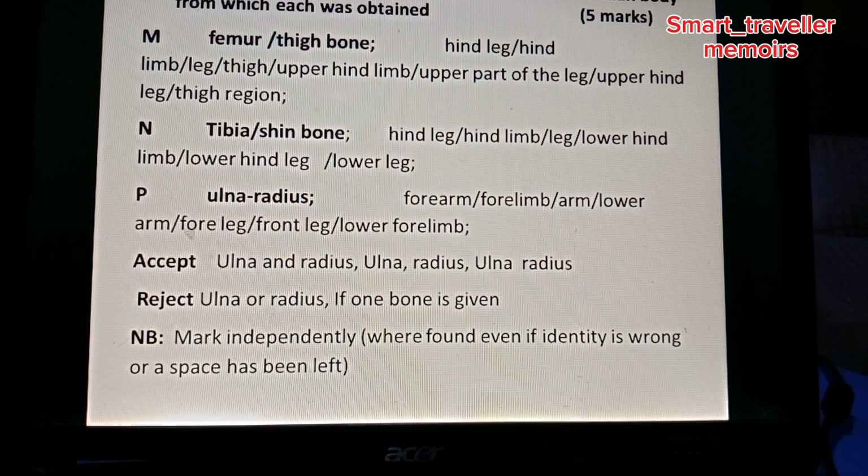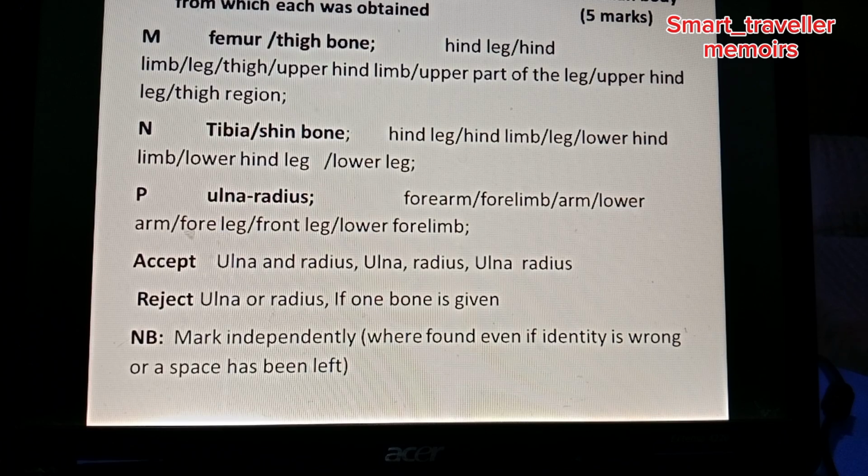N is tibia, or shin bone, and it is found in the hind leg, hind limb, or leg, lower hind limb, lower hind leg, or lower leg. P is ulna-radius. You can see there is a hyphen, ulna hyphen radius, which must always be there because it's not two bones, it's one bone.